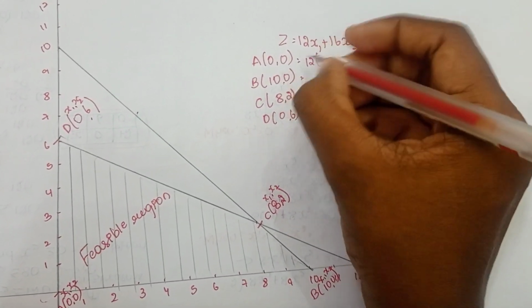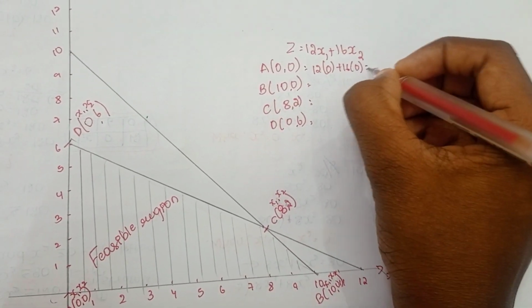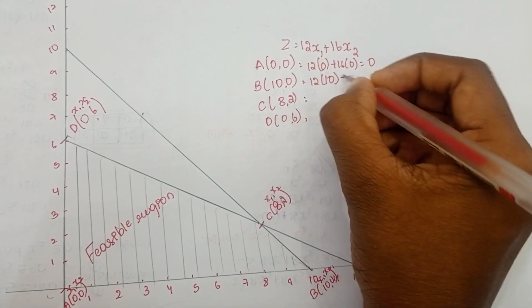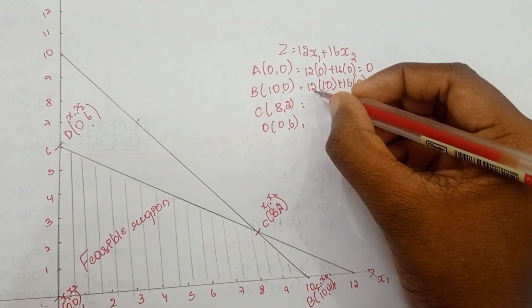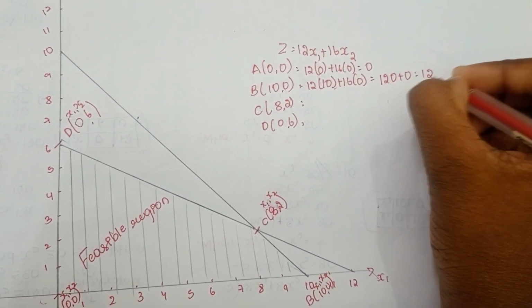So 12 into the x1 value 0 plus 16 into the x2 value 0 equals 0. And 12 into 10 plus 16 into 0: 12 tens are 120, plus 0 is 120.